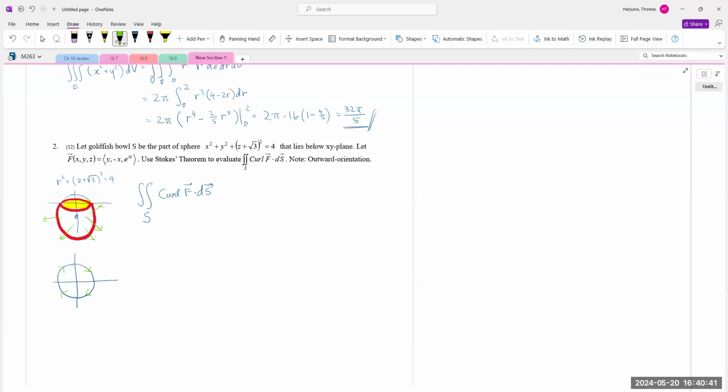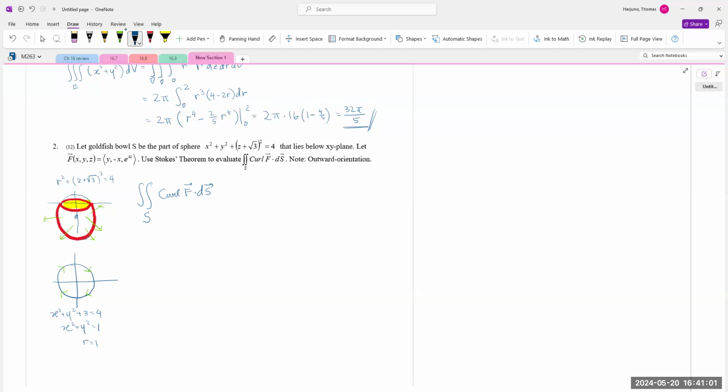What is the radius when z equals 0? x squared plus y squared plus 3 equals 4. Oh, that's actually a unit circle on the xy plane. So r equals 1.